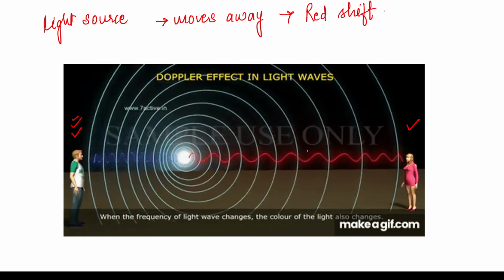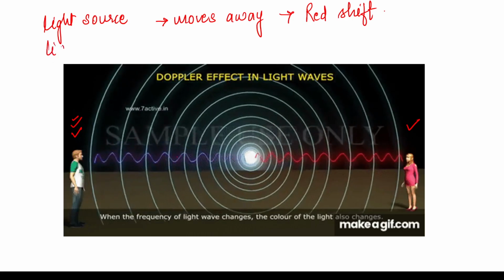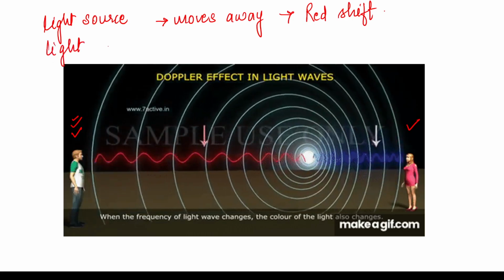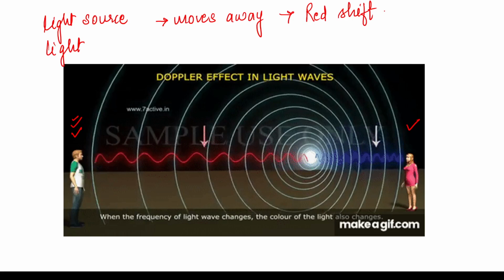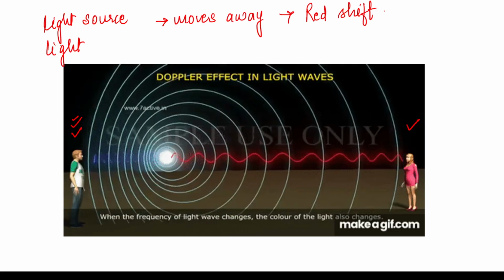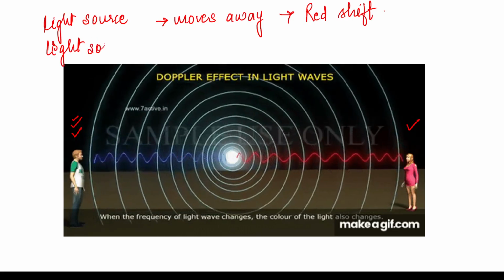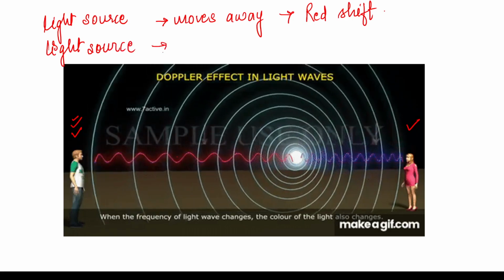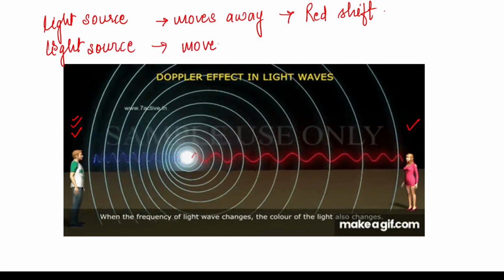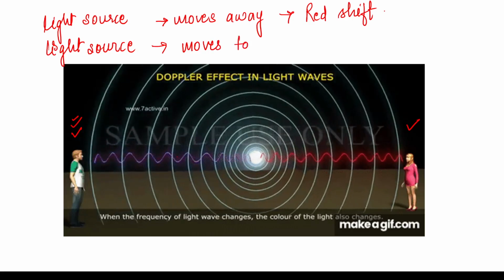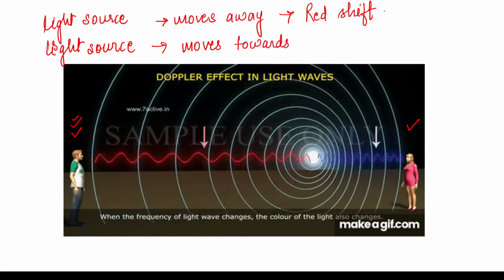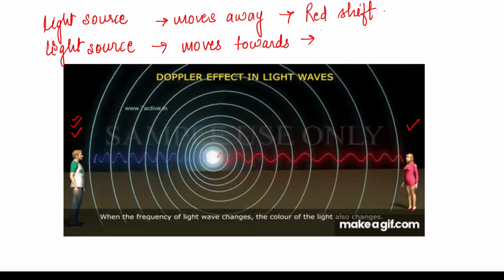Now if the light source is moving towards, as for example for the girl, what would happen? It was appearing red and then it shifted to which color? Blue shift.